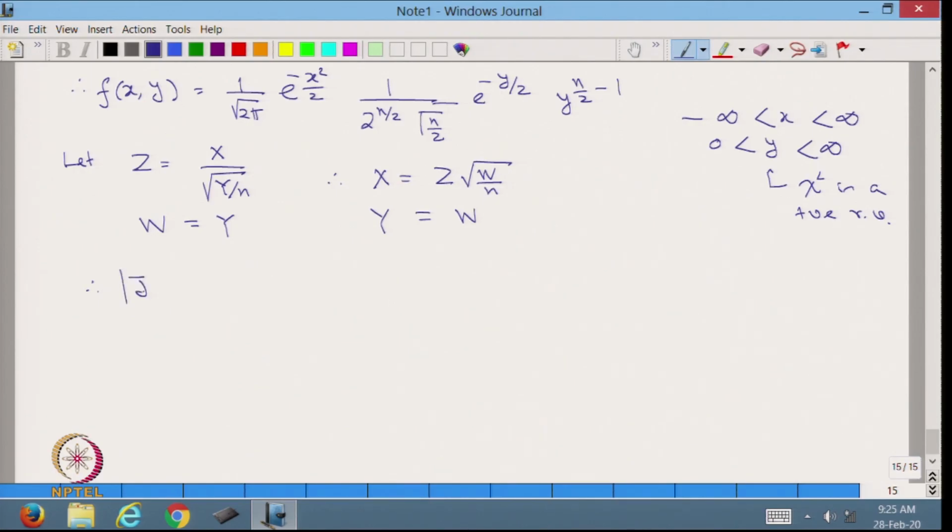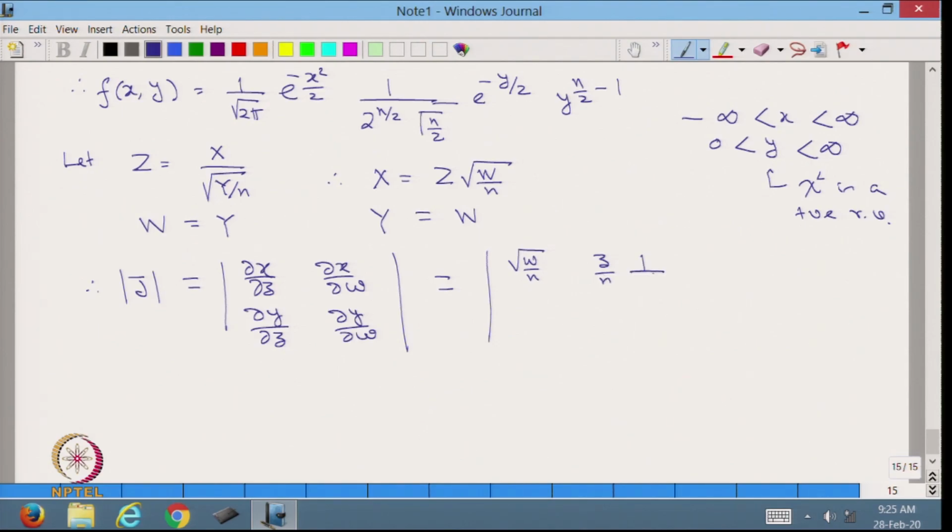Therefore, the Jacobian is equal to del x del z, del x del w, del y del z, del y del w, is equal to root over w by n, z by n, half w to the power minus half, 0 and 1, is equal to root over w by n.